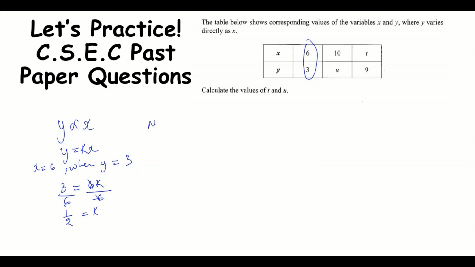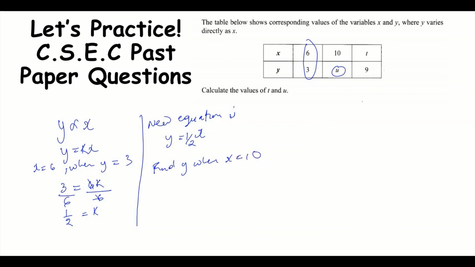So our new equation is y is equal to 1/2 x. Sorry about that. y is equal to 1/2 x. That's our new equation. So if I want to find u, that means finding y when x is equal to 10.